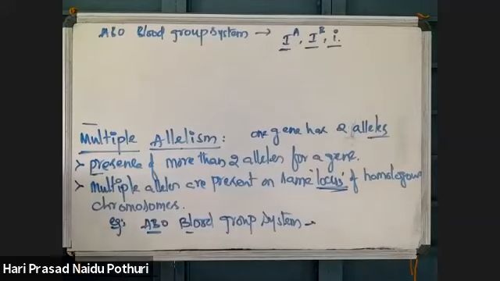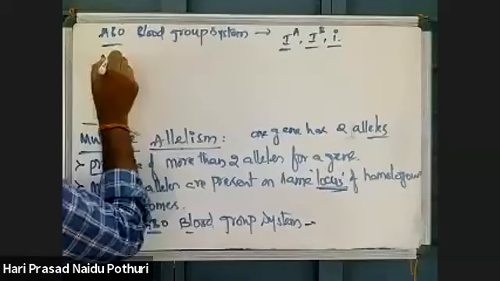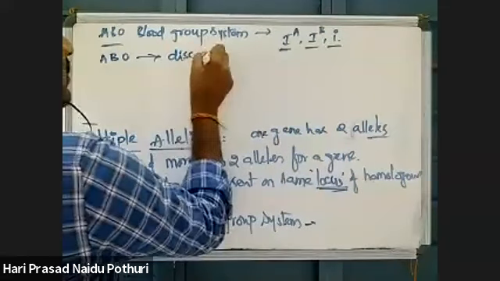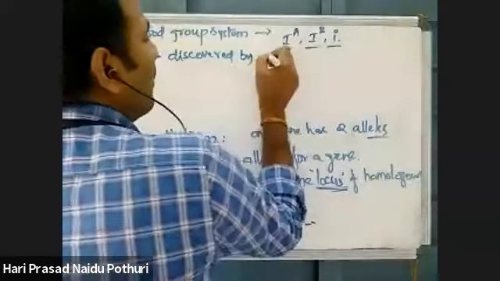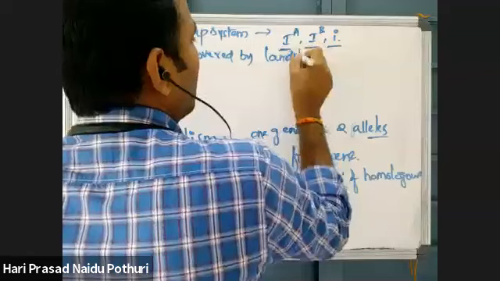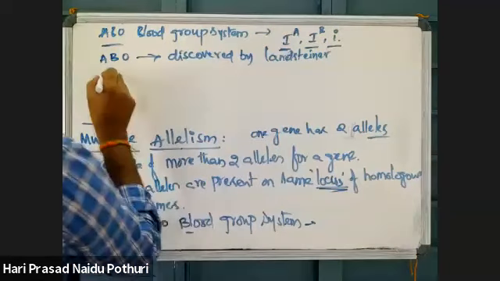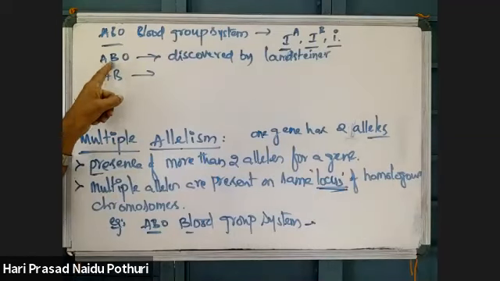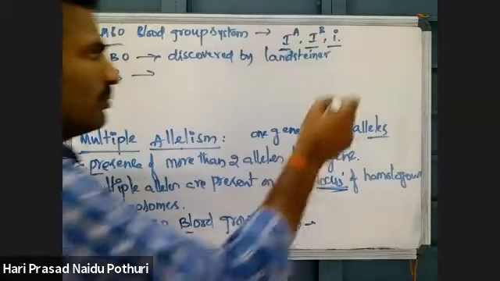Karl Landsteiner discovered the ABO blood group system. But another blood group, AB, was discovered by scientists named Decastello and Sturli.